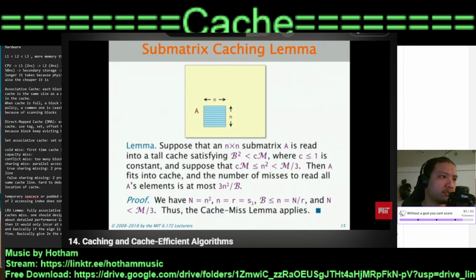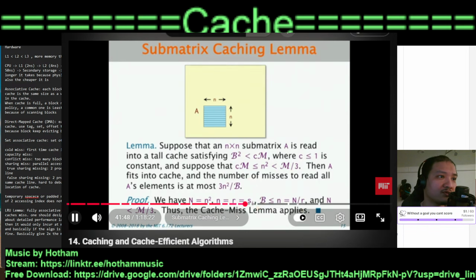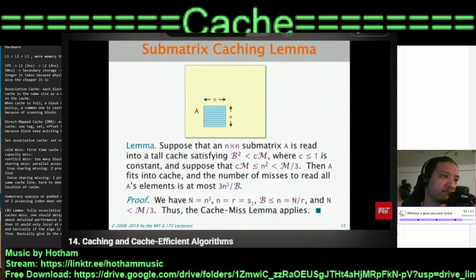We have B squared less than or equal to cM, and cM is less than or equal to n squared, so therefore B squared is less than n squared, and B is less than n.